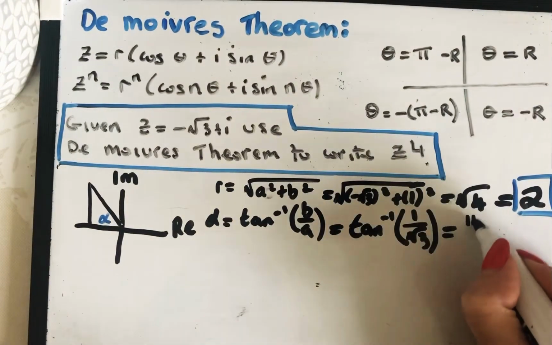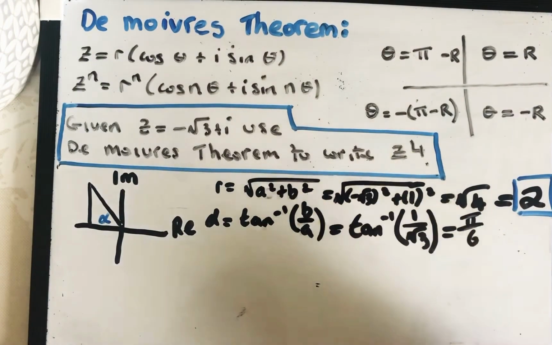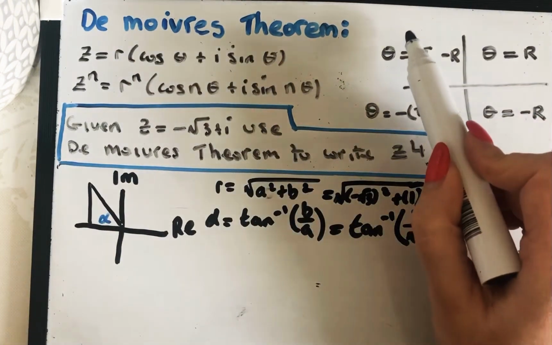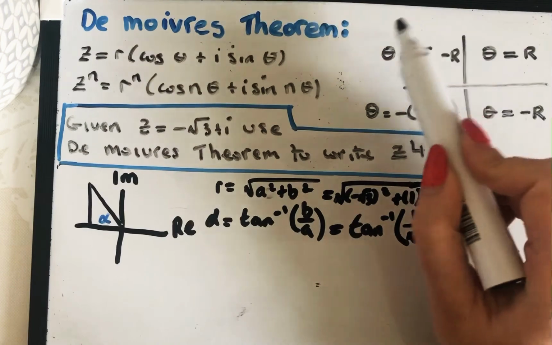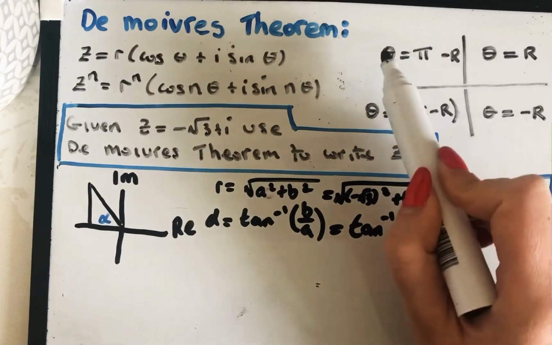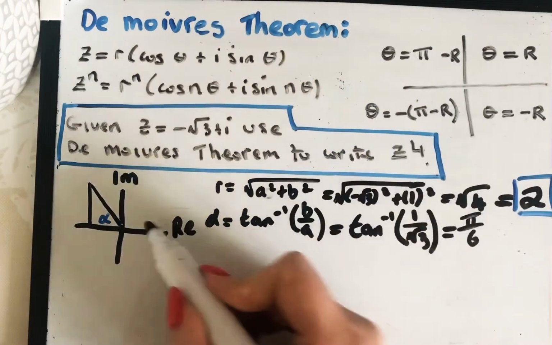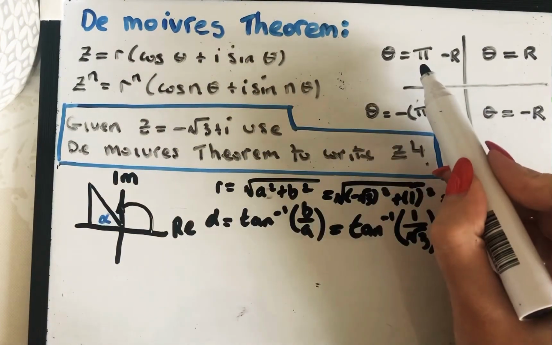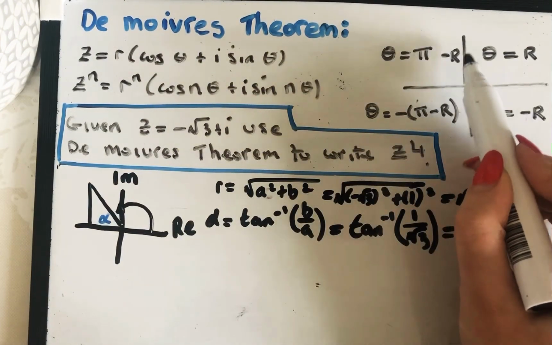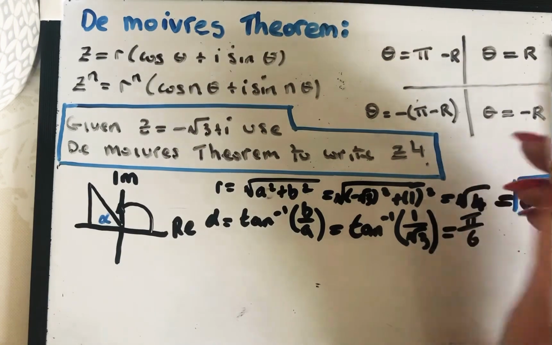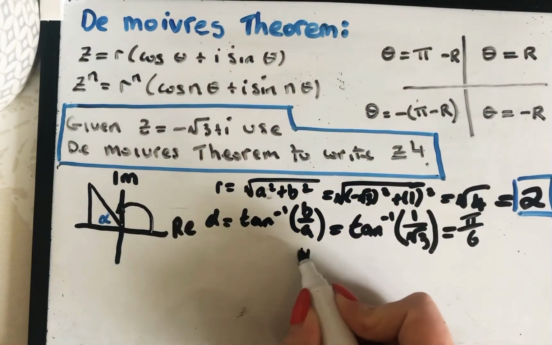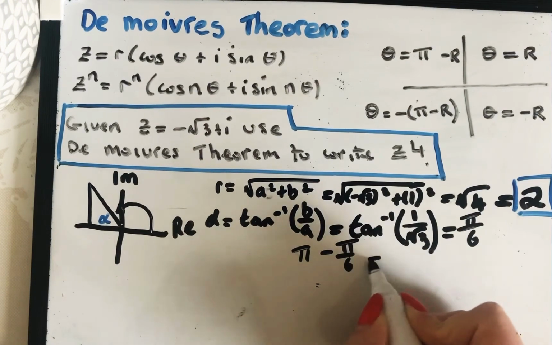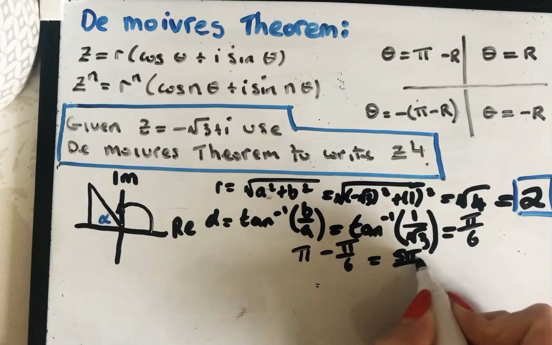So pi over 6. Now let's go to our rules up here on the right hand corner. We know that our complex number is in the second quadrant. So in the second quadrant, to find the value of our theta, which is from here all the way over here, we're going to do pi minus our alpha, or pi minus our reference angle. So we have pi minus pi over 6, which is 5 pi over 6.